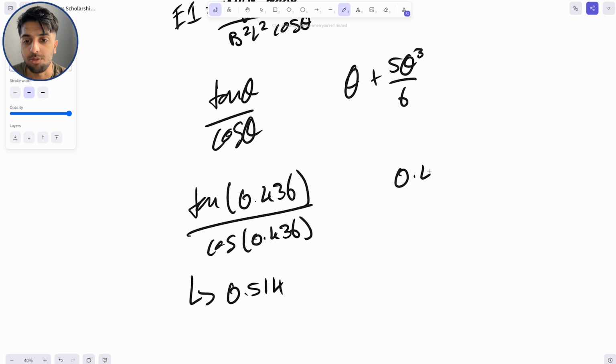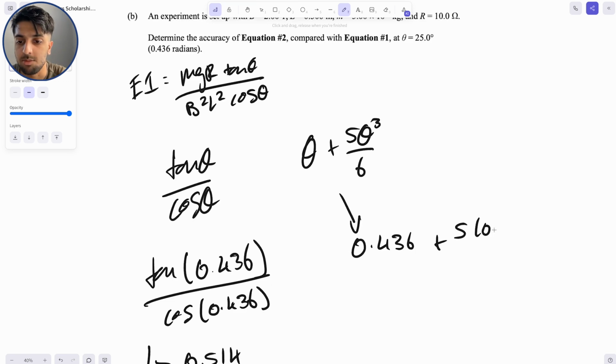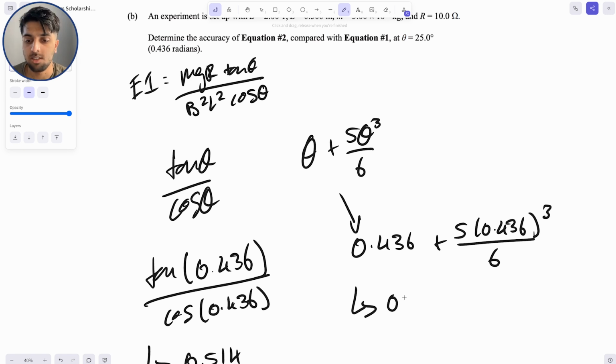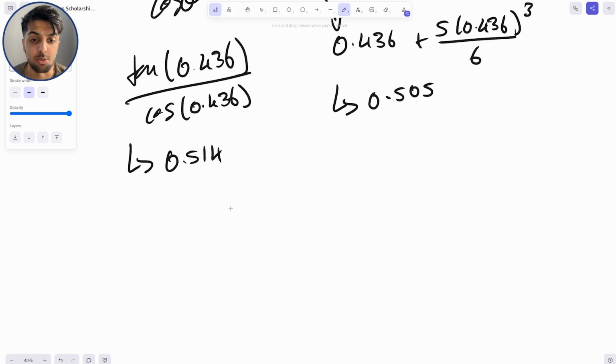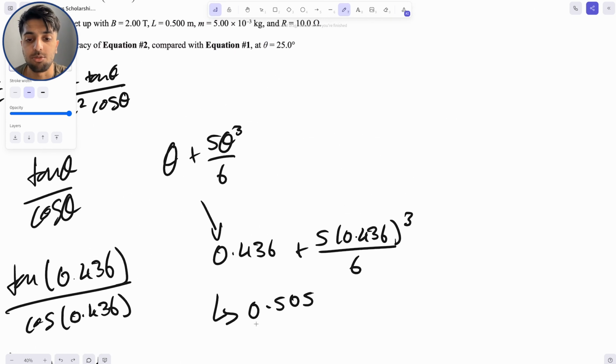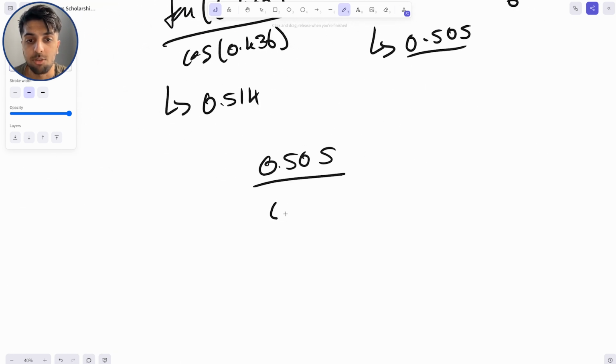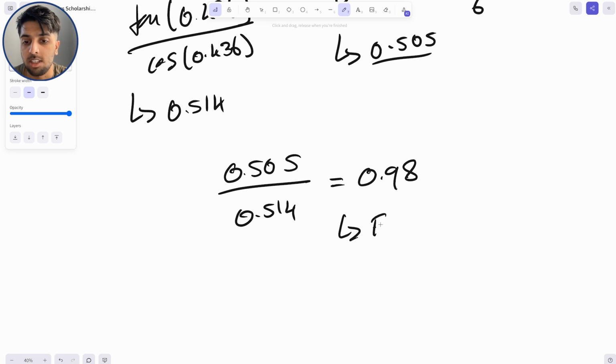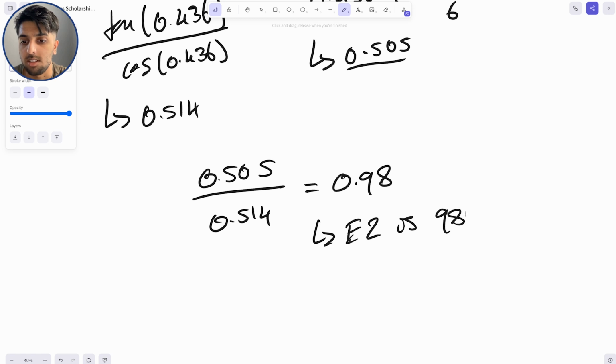And 0.436 plus 5 times 0.436 cubed all over 6 is equal to 0.505. In order to get the accuracy of the second equation, we put the result from the second equation, 0.505, all over 0.514, and we get 0.98. So that means equation 2 is 98% accurate.